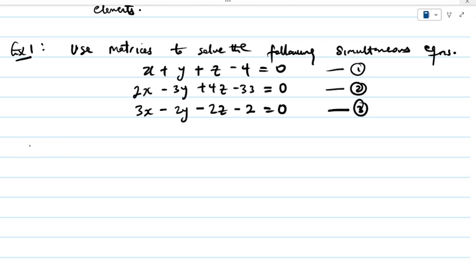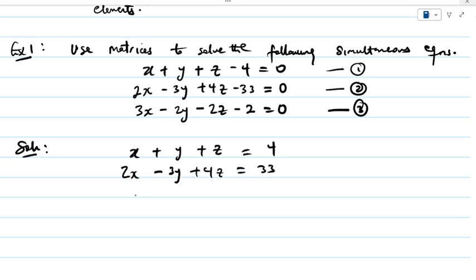Alright, so the solution now. For our solution, the first thing is to rewrite our given simultaneous equations in the form of ax plus by plus cz by taking all the constants to the other side: 3x minus 2y minus 2z equals to 2.